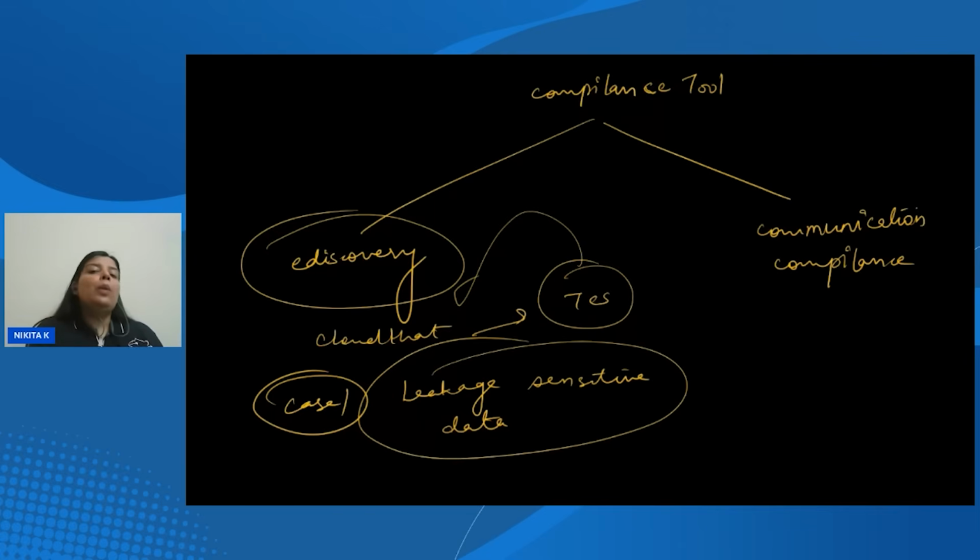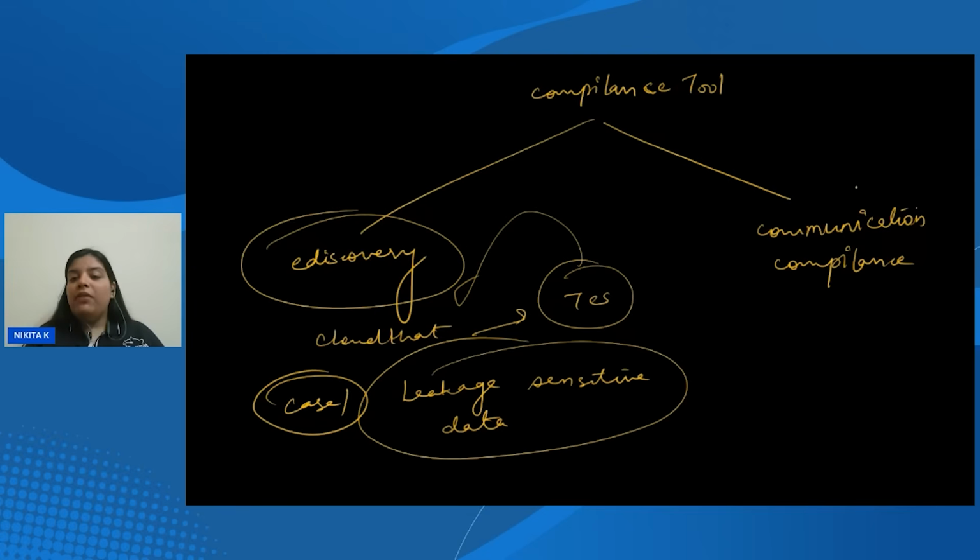After the hold is done and all the evidence is collected, it is passed to maybe your HR team, your compliance team, or your security team, and then they will take action. So e-discovery works when there is data leakage or any sort of case registered between your company and another company.